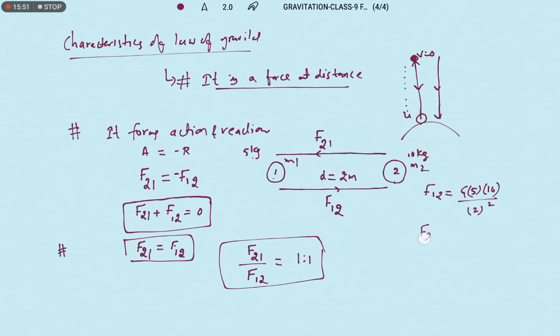In the same way F21, M1 M2, so 5 into 10 by the distance, which is the same. So what ratio do you get? F12 by F21 is equal to 1 is to 1. Without doing the problem, we can attempt the question if we know the concept very well.